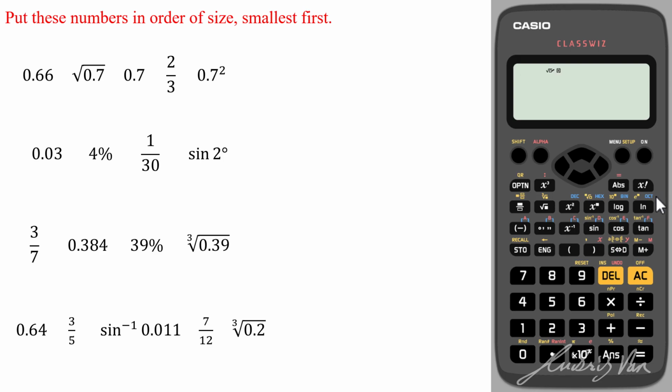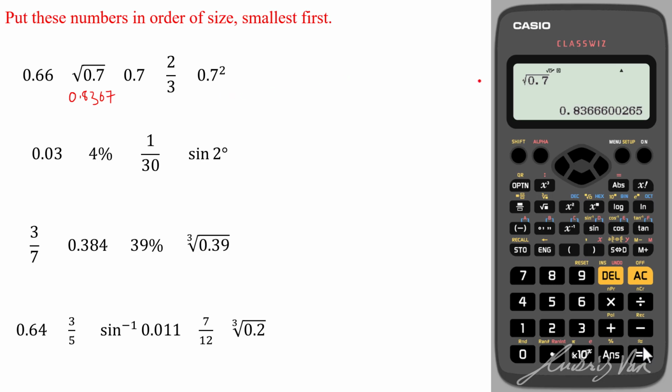What we have to do is to find the square root, which is this button, of 0.7, and we will get 0.8367. So normally you can try to put in 3 or 4 SF, depending on the question.